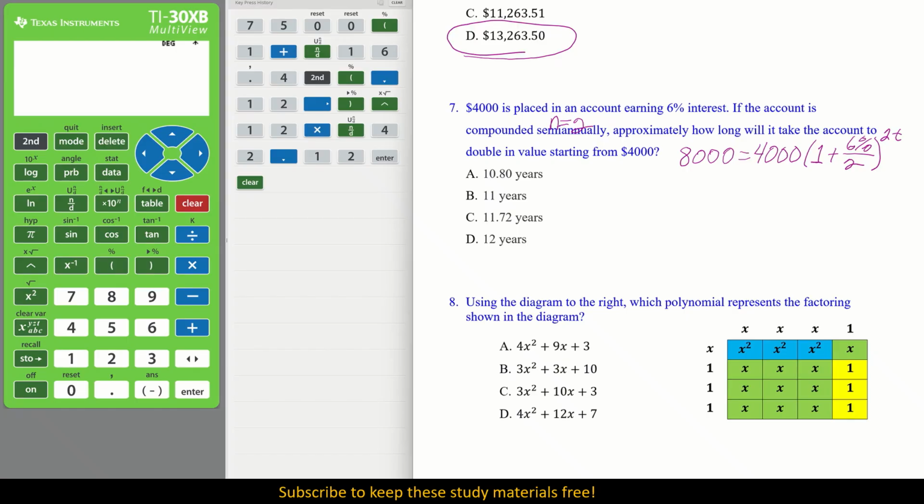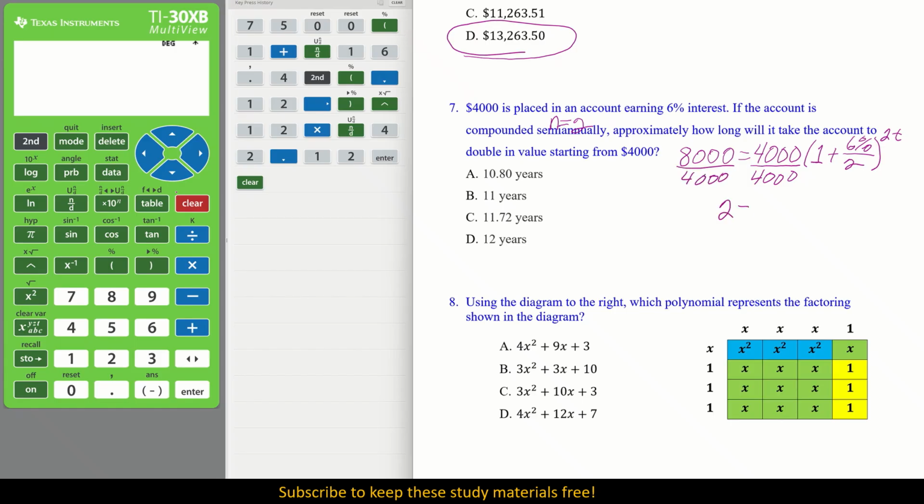Now, you can work all this out by hand, but if you've seen the other videos with me, this is what I did. There's 2 ways to do this. We can enter the right side in the calculator and then look for when it equals 8,000, or let's make it a little easier and divide both sides by the 4,000.